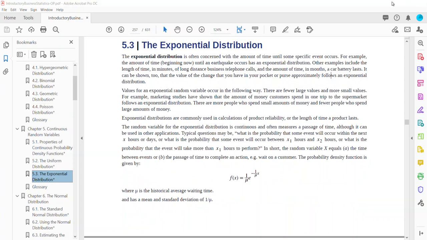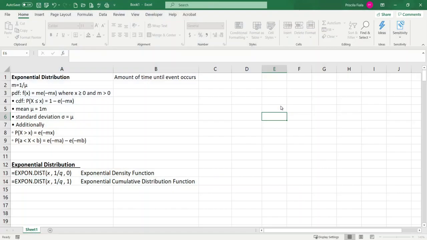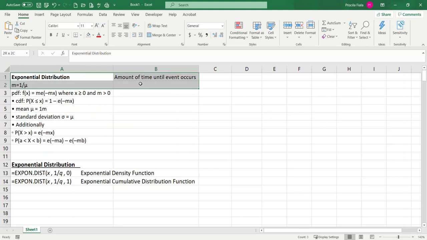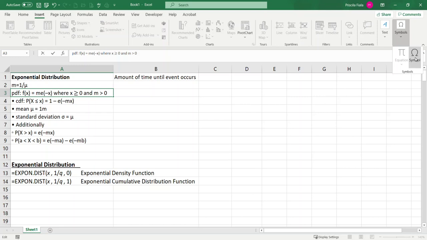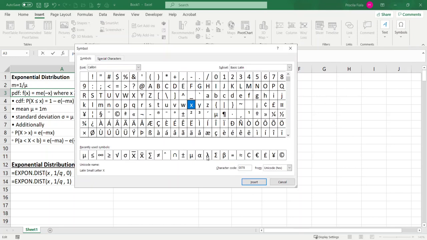Okay, I have put in here, just like in chapter 4, a few things for you to remember so you don't have to memorize anything. Let's just not forget that this m is going to be the same as lambda, which is this symbol over here.